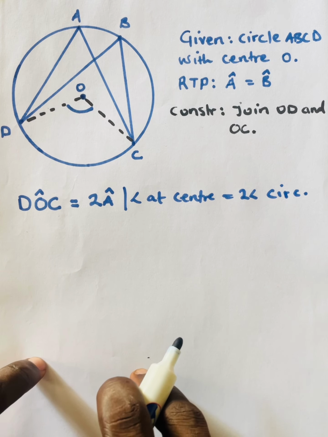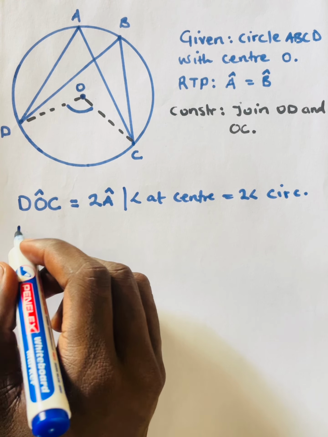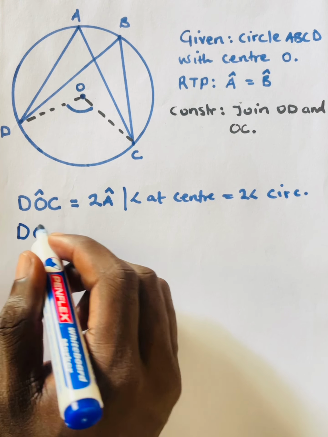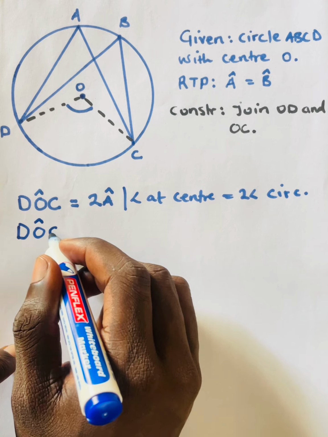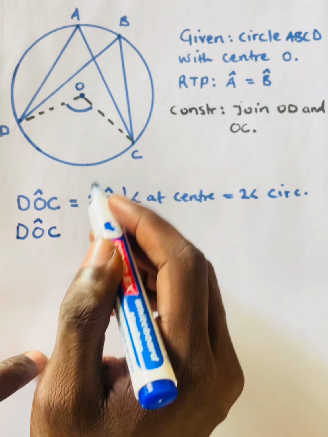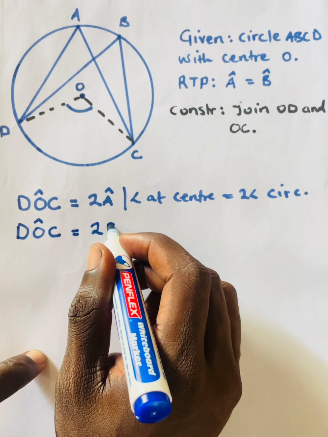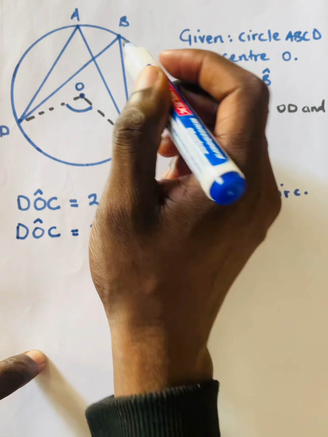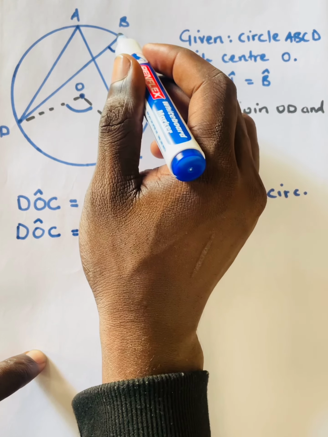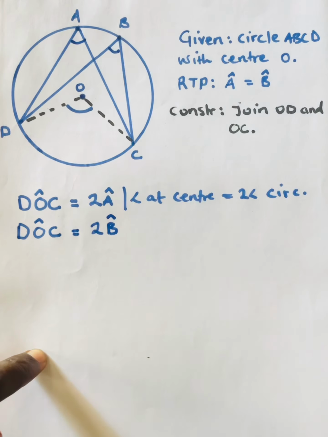Then we come back and say the same angle, angle DOC, the angle at the center, is equal to twice angle B, because angle B is found at the circumference, just like angle A was found at the circumference.